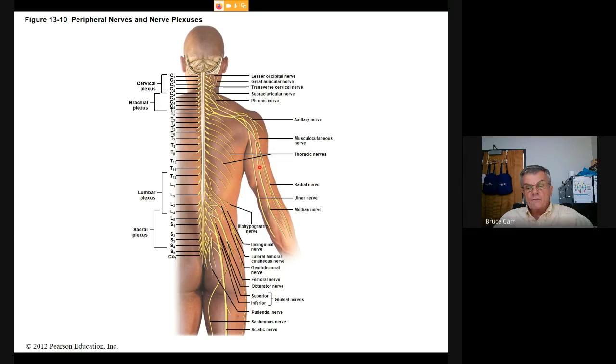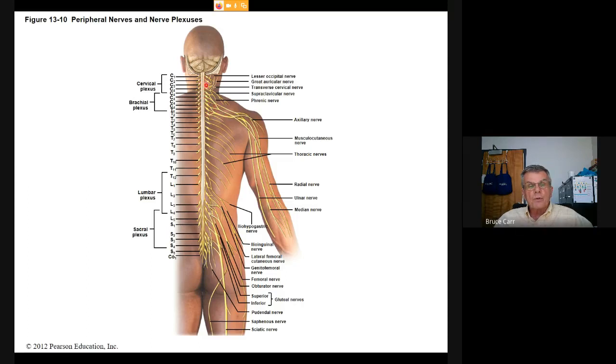Here then we have the division into median, ulnar, and radial nerves as they depart down the arm, and you'll find that many nerves in sections of the body are named for their skeletal components. This is the so-called Brachial Plexus or arm plexus.